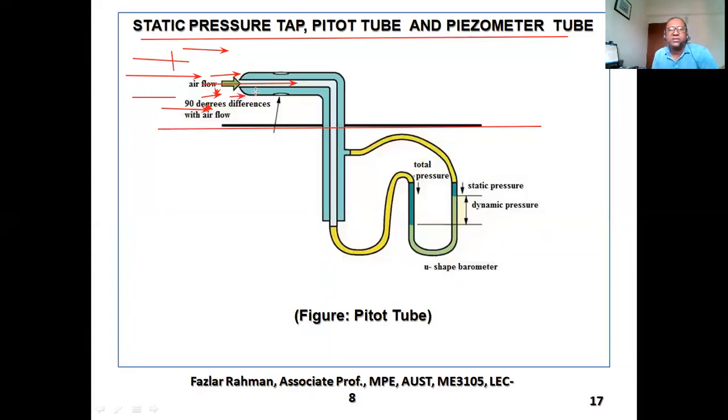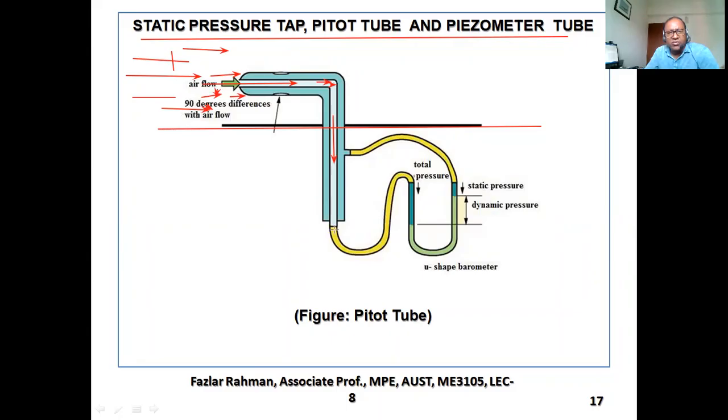So the pressure in the fluid will increase. So you see the pressure right over here, the fluid coming right over here, the velocity will be 0, because due to the 90-degree angle, the fluid needs to change direction, right?